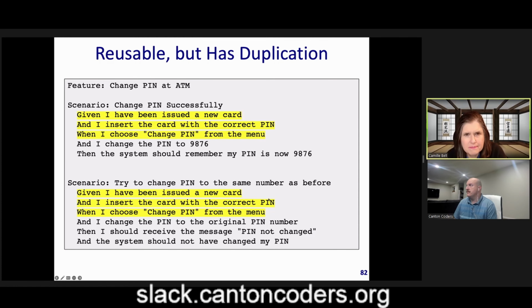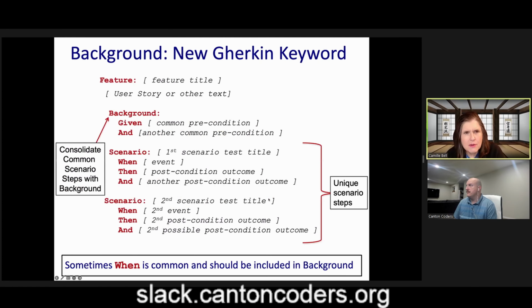So there's another thing called background that we can use. We can pull out a common given, with maybe an and sometimes, not often, but there's a when that might be common. It will be in our case here. And then we have a number of scenarios that go with that, where the other parts of the steps are unique.